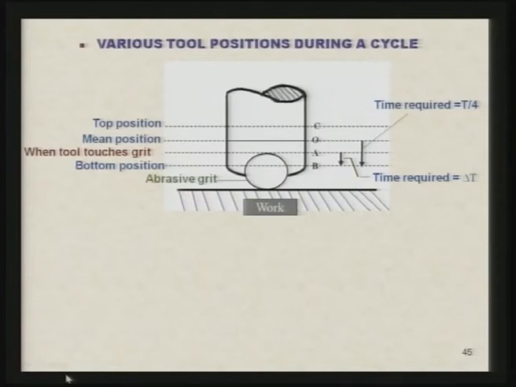You can see here the top position of the tool, which is indicated by C, the mean position of the tool is indicated by O, when the tool touches the grit is indicated by A, and the bottom position of the tool is indicated by B, and the workpiece and tool are shown separately there. The cycle time is capital T and the time required for moving from O to B is T by 4, and the time during which abrasive, tool and workpiece are in contact with each other is delta T.